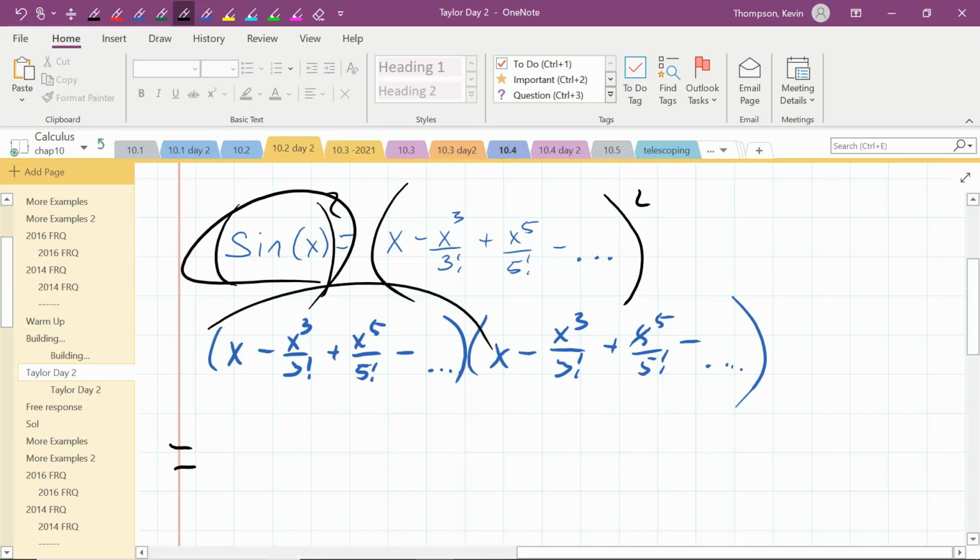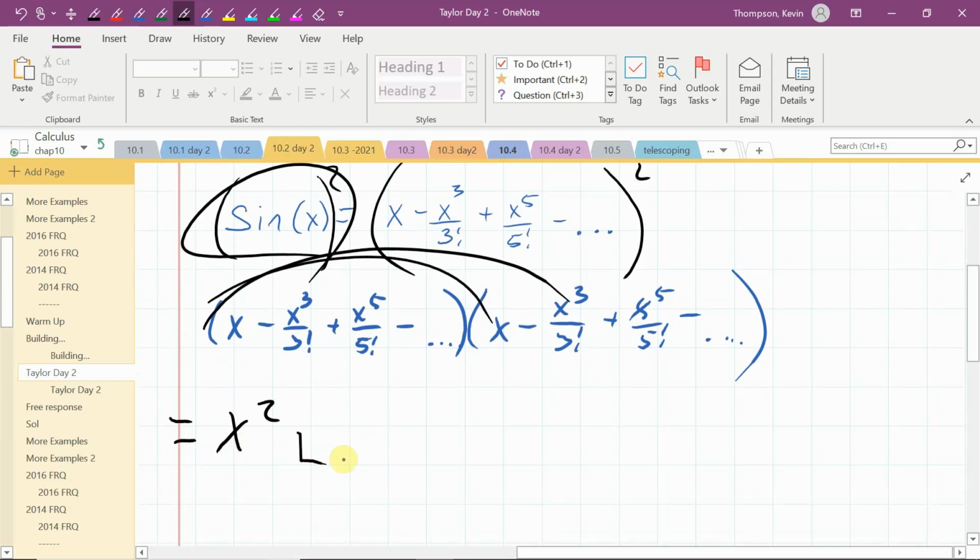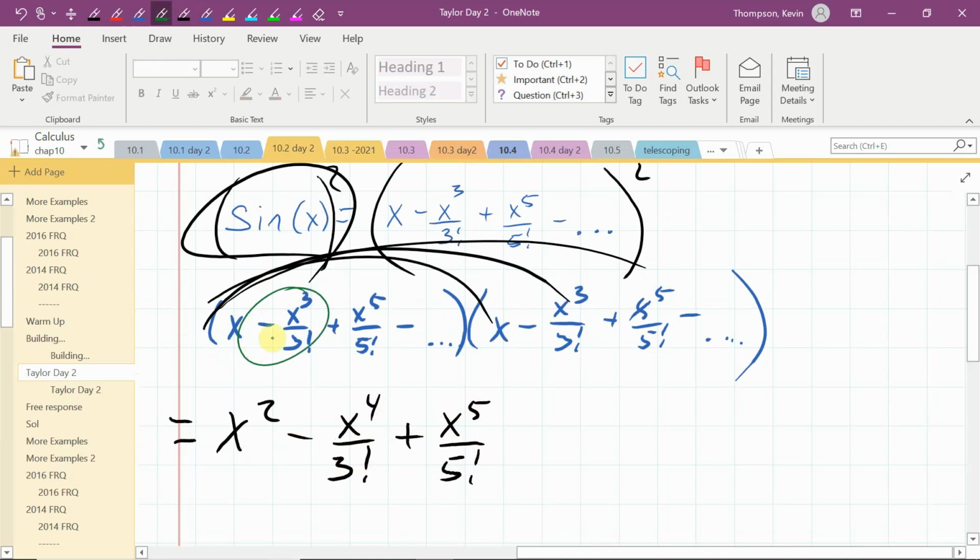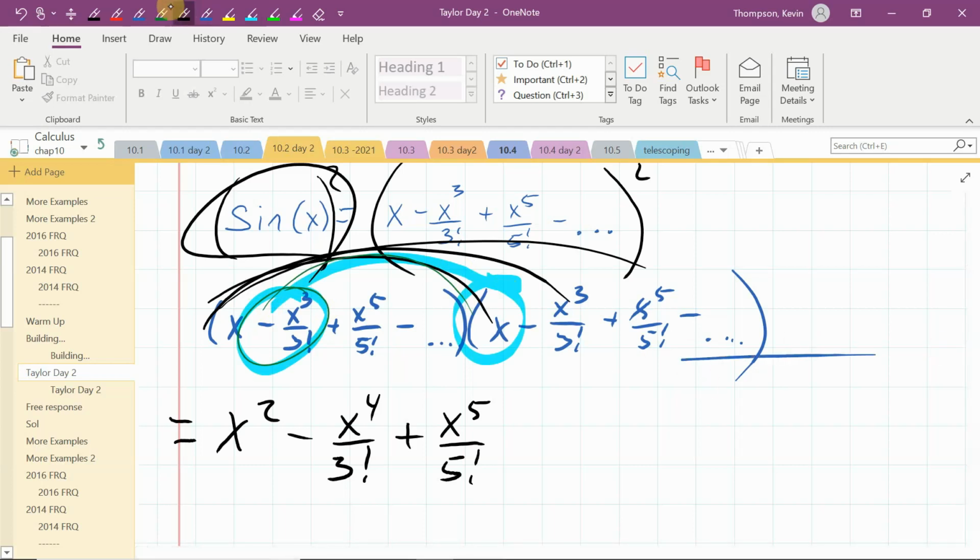So x times x times this, so there's a minus x to the fourth over 3 factorial. And I'm going to stop there because I guess maybe I'll go one more. So this is a plus x to the fifth over 5 factorial. I'm going to start multiplying this out. I know that there's more that's going to happen here, but obviously I'm not going to be able to write those all out.